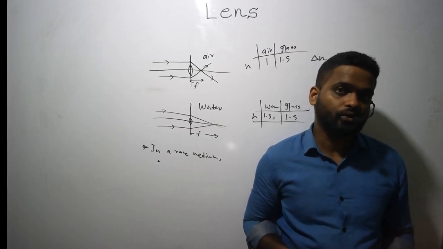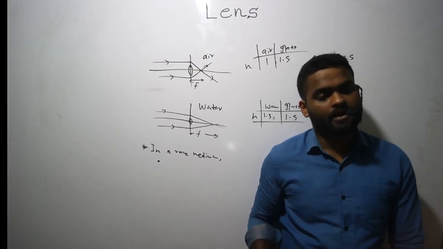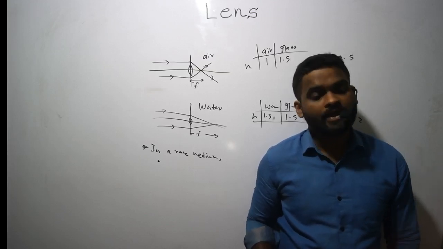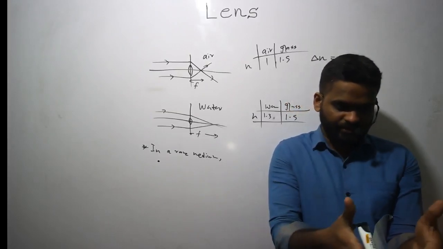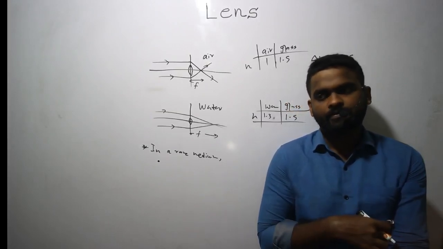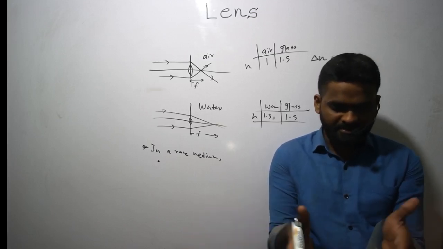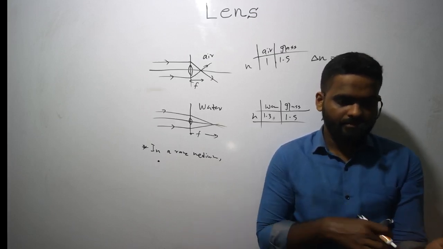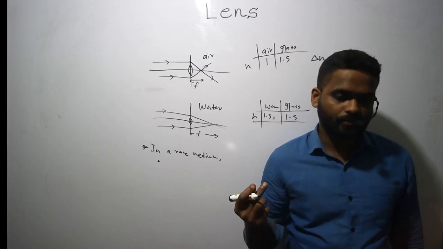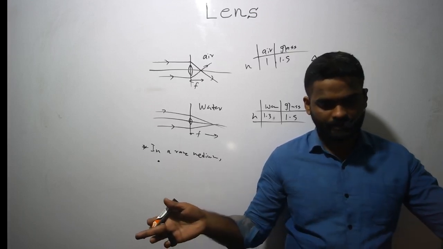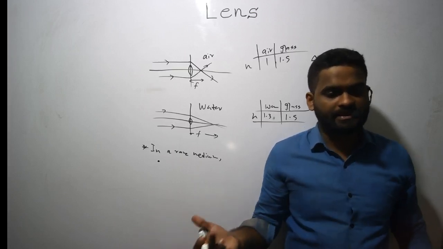Convex lens shows converging properties. Converging means converge to a point, or bends towards the principal axis. That is converging, right? It always doesn't have to be a point. If the rays bend towards the principal axis, then we say converging, right?